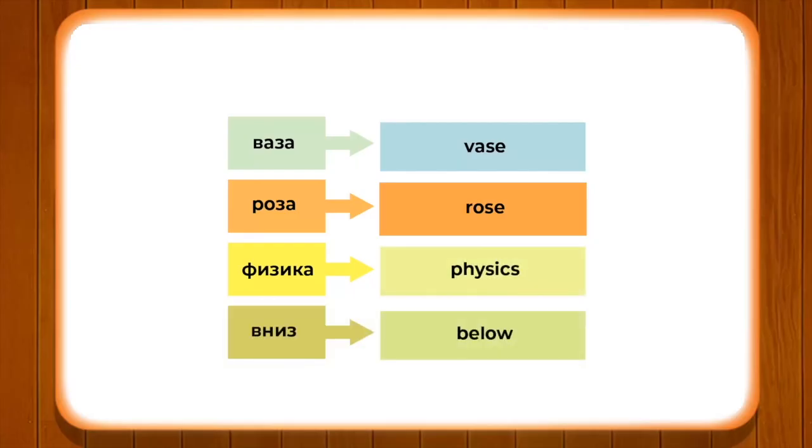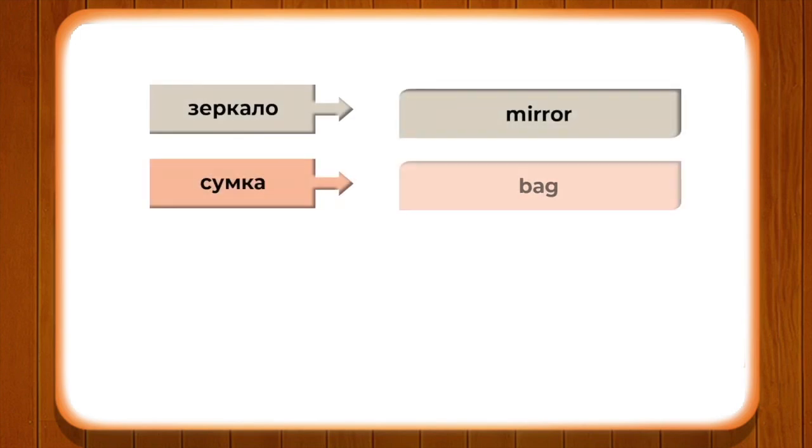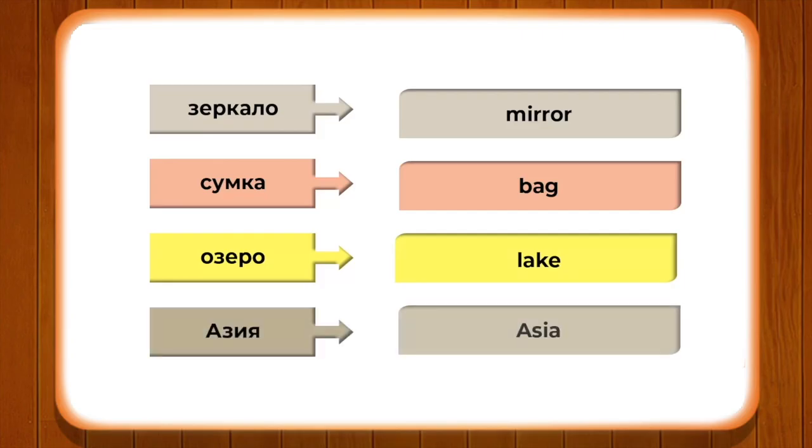Now we are going to cover a few more such words, so that in order to learn the Russian language smoothly, you have your vocabulary ready, so that when communicating you have your own set of words with you. The new words are zerkalo, sumka, ozero, and Asia. Zerkalo means mirror, sumka means bag, ozero means lake, and Asia means Asia.